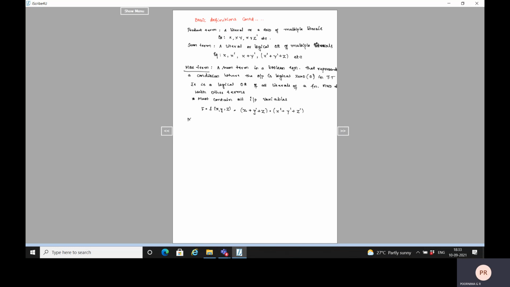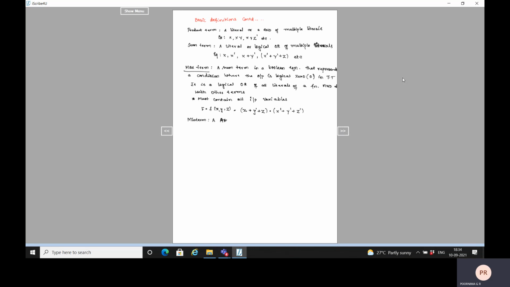Moving further, another term that we must know in our digital fundamentals is the min term. It is exactly the inversion of the max term.